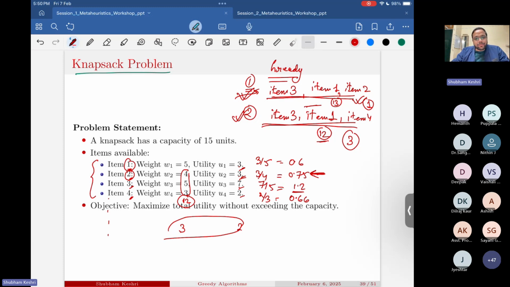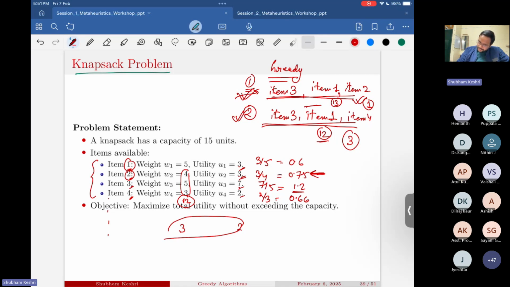Okay, so Atul, you have some doubt. Sir, is my voice audible to you? Yes, you are audible. Sir, in method 2, we should select item 3 because its utility value is 1.2, right? Yes, utility per unit weight. Yes, 1.2. Then after 1.2, 0.75 is item 2, which will be selected.